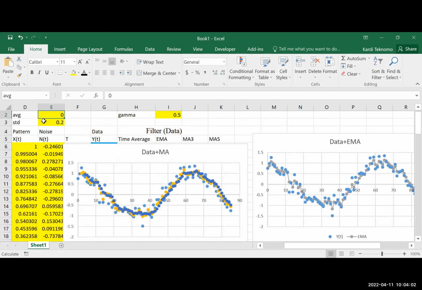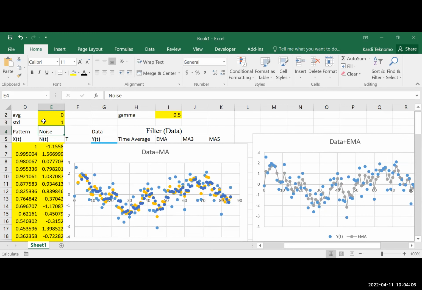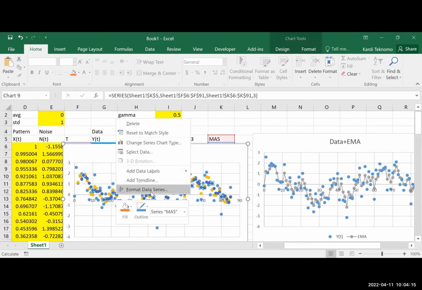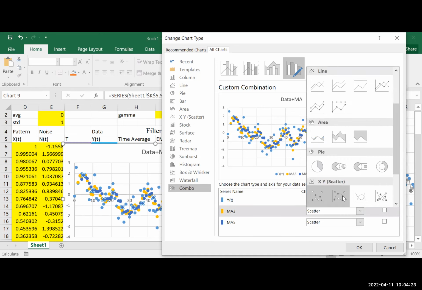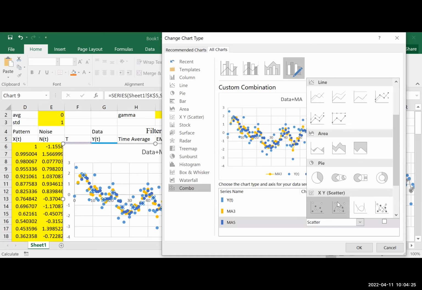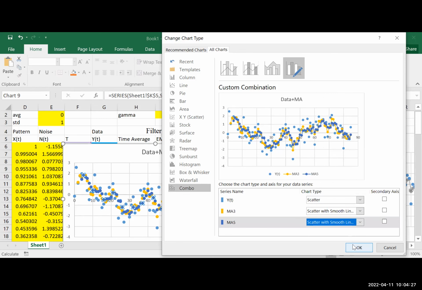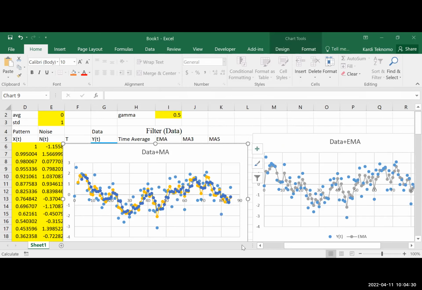Let's do a pattern of your data like this. And then I will change the chart type. MA3, I will put it this way. Also line for MA5.